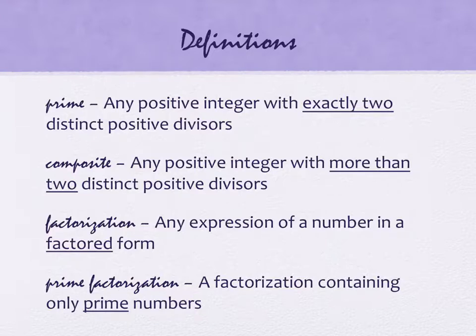Composite is any positive integer with more than two distinct positive divisors. A factorization is any expression of a number in factored form. And a prime factorization is a factorization containing only prime numbers.